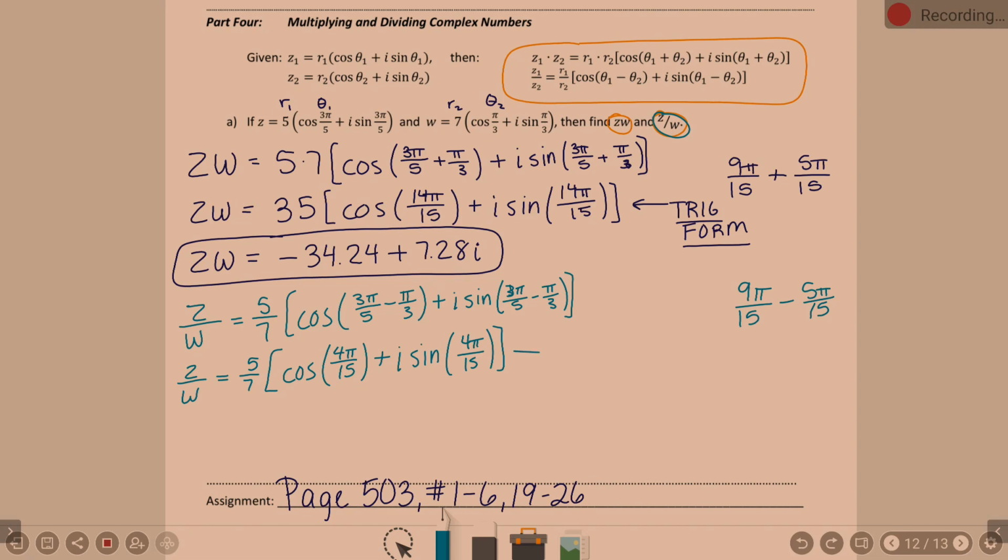Again, right there is your trigonometric form of a complex number. So depending on what they ask for, you can also plug that into the calculator. This time it's the cosine and sine of 4 pi over 15, and you're multiplying by the 5/7.